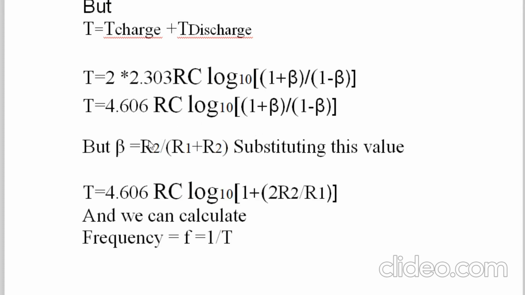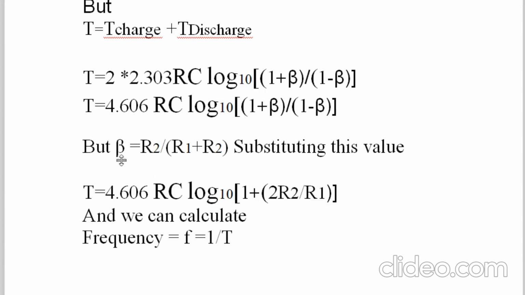Now substitute the value of beta, R2 divided by R1 plus R2, and that mathematics is very simple. Remember that at the top it is 1 plus beta and at the bottom it is 1 minus beta.